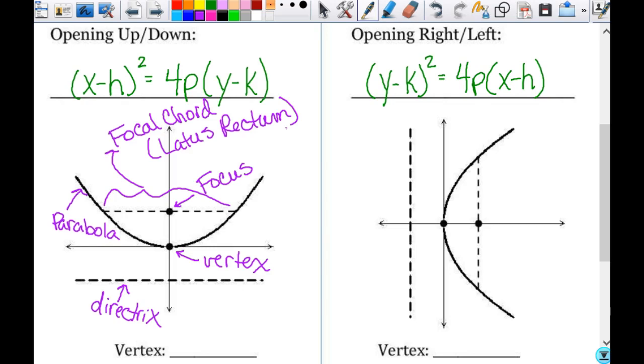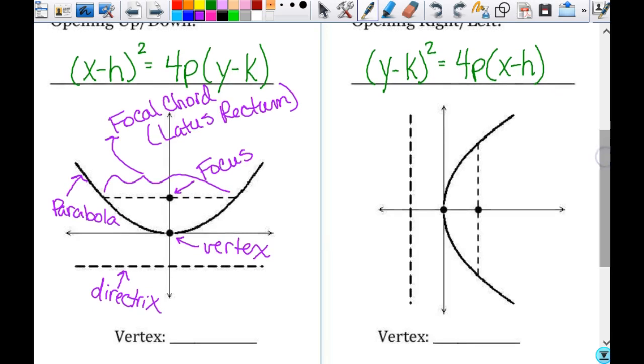All right, so over here, we know that the distance from the vertex to the focus, right, so we'll label that, vertex, focus, and then our directrix. Our distance from our vertex to our focus is what? P. So this length is P. That's why that 4P is important.